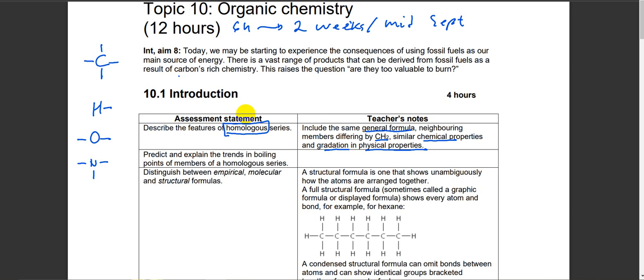It's just that the number of atoms is different. So let me give you an example. I have this compound. Later you will know that we call this an octane, for example.